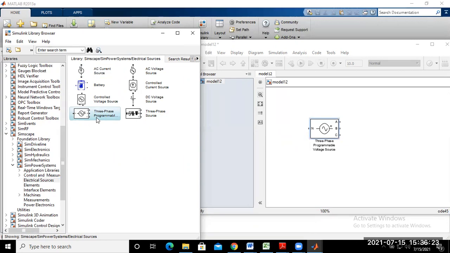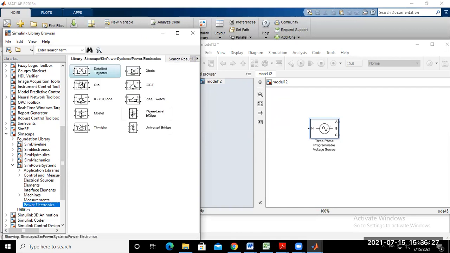Next go to the power electronics and select this diode, since we are simulating an uncontrolled rectifier. So use the diode as a switching device. And again go to the measurements.